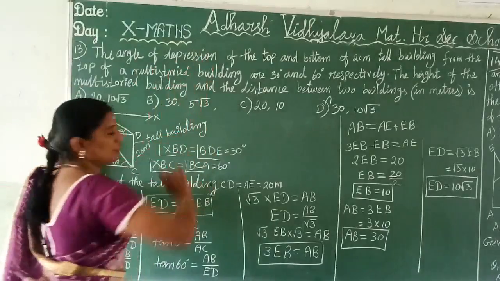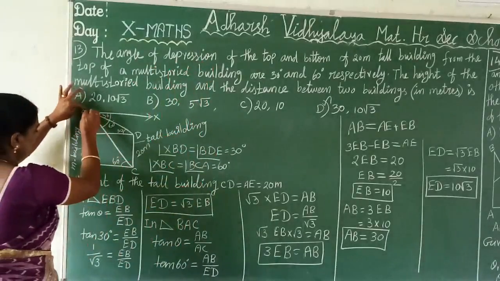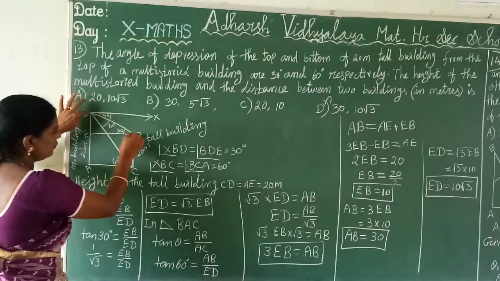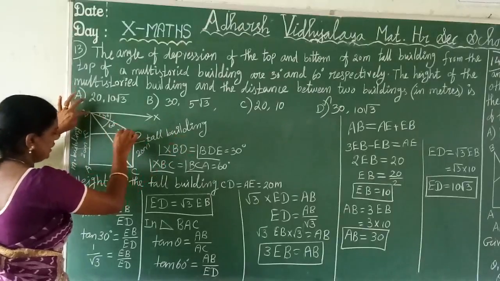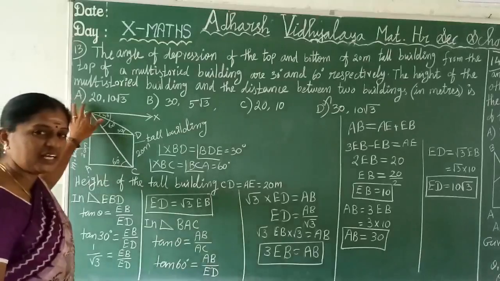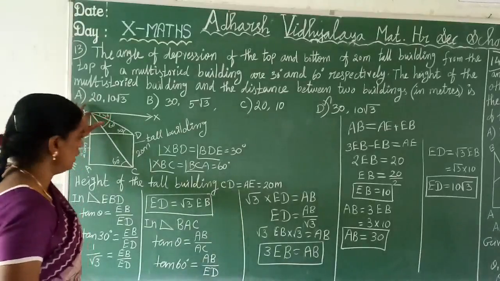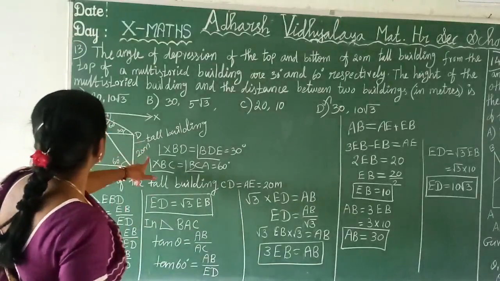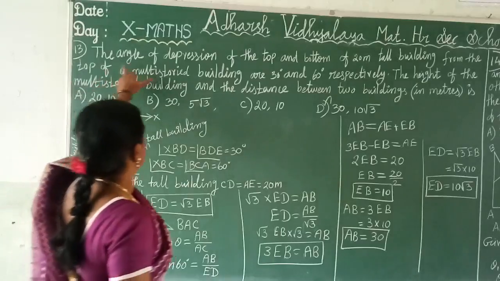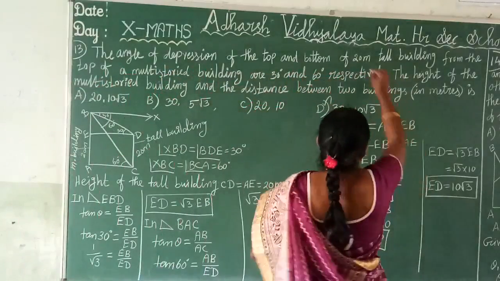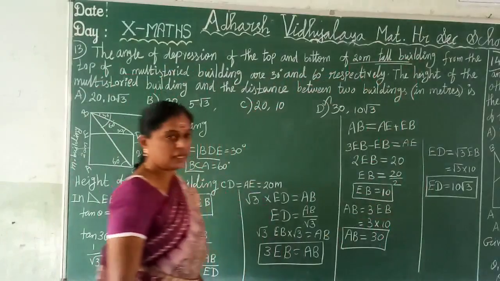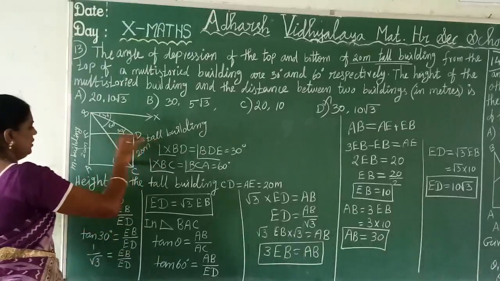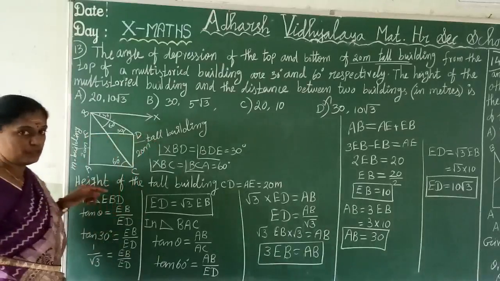Here both are angle of depression. Clear? And which value given? This 20 meter tall building height given. Clear? So tall building height 20 meter. So this CD is 20 meter, means the same AE also 20 meter.